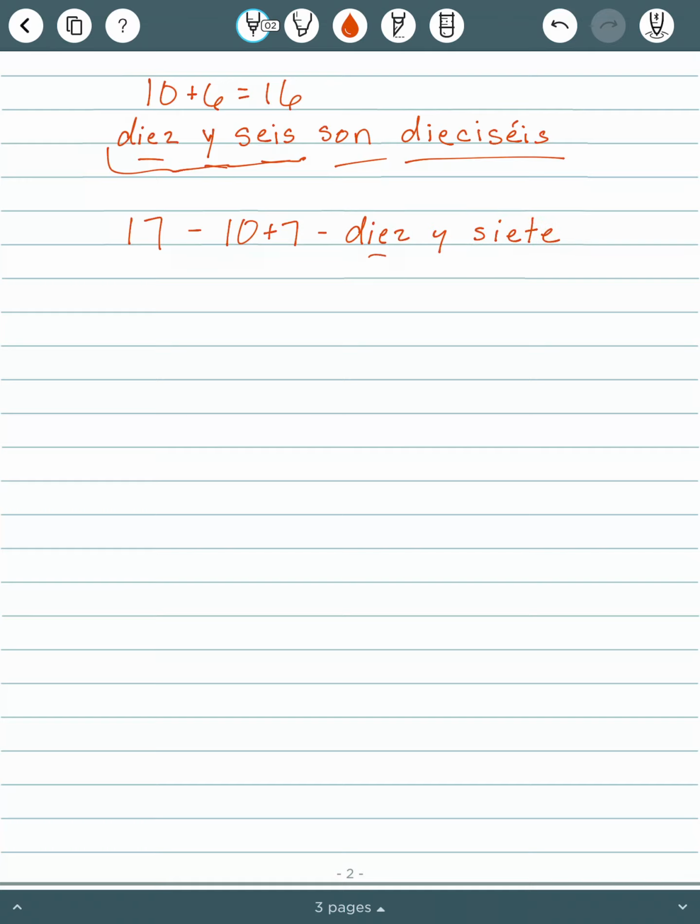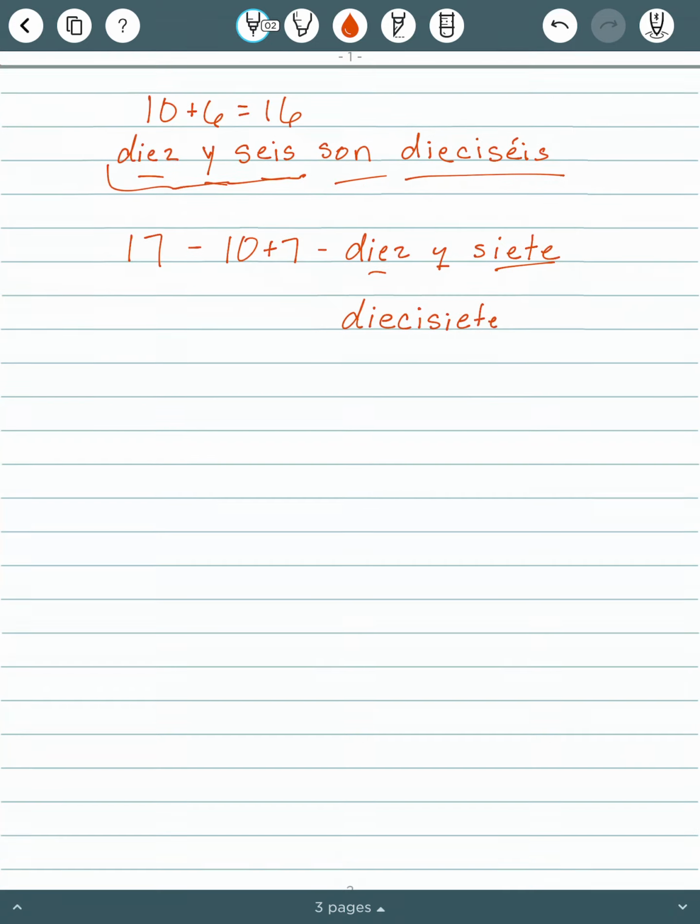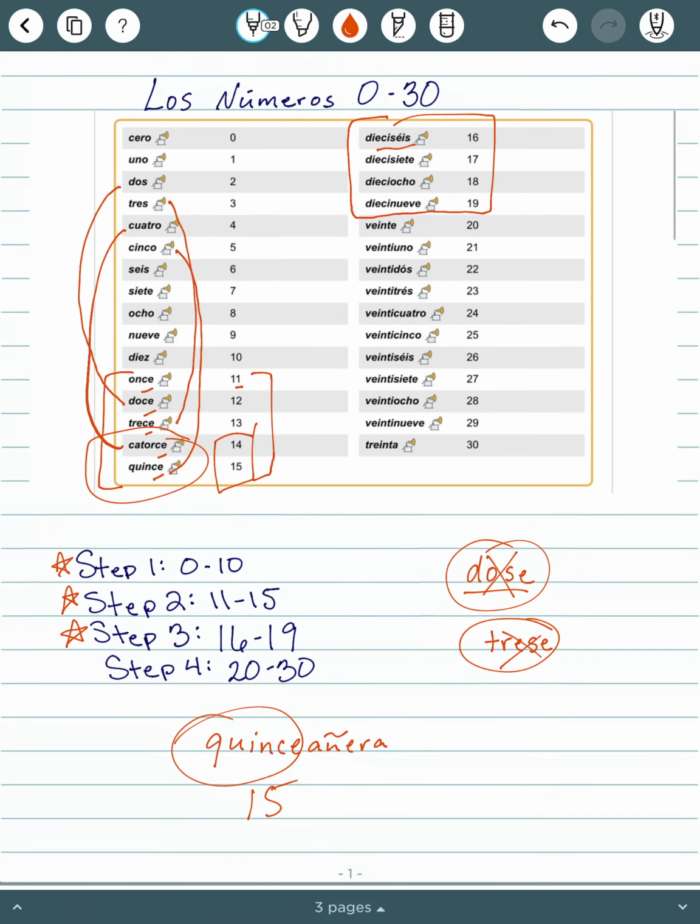That would be 10 plus 7, change up the spelling a bit, change that Z to a C, change the Y to an I, diecisiete. One nice long word, 17. So you do that for all 4 of those numbers, 16, 17, 18, and 19. And do notice there's an accent on that E in 16. And that's just a pronunciation thing that you'll learn about later.